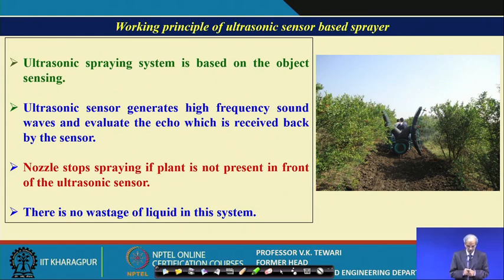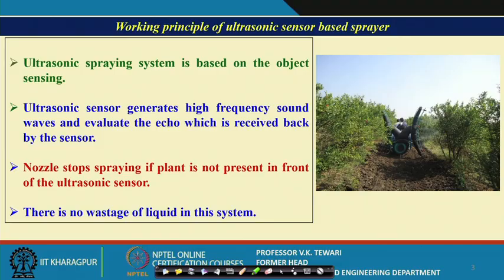The ultrasonic sensor generates high frequency sound waves and evaluates the echo which is received back by the sensor. This is the concept of the ultrasonic sensor. It generates high frequency sound waves, and then the echo is received back by the sensor. That means it knows where the target is and how far it is.